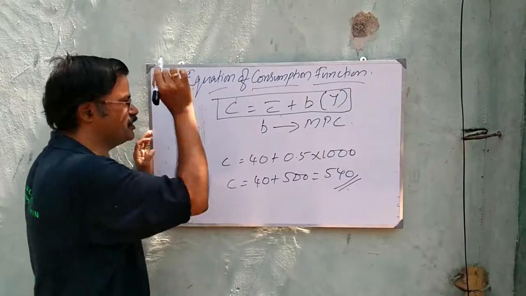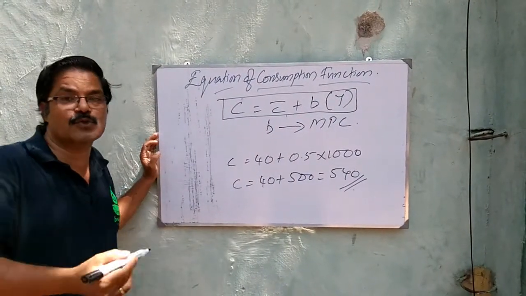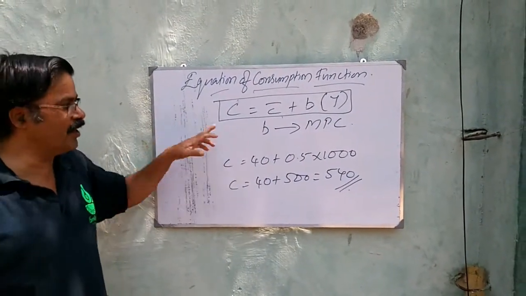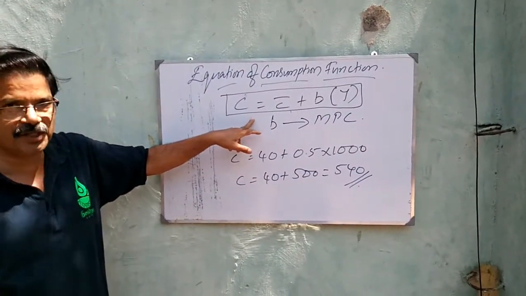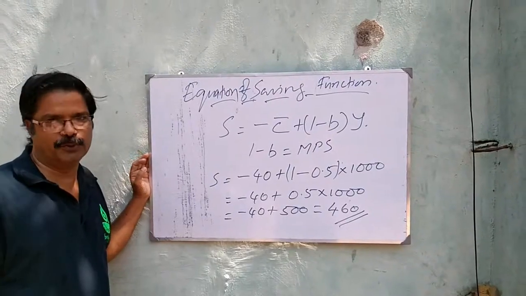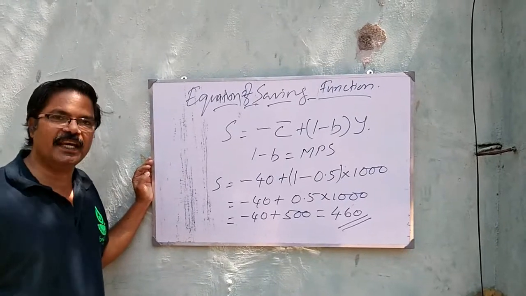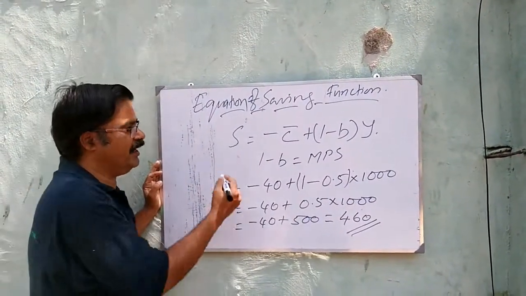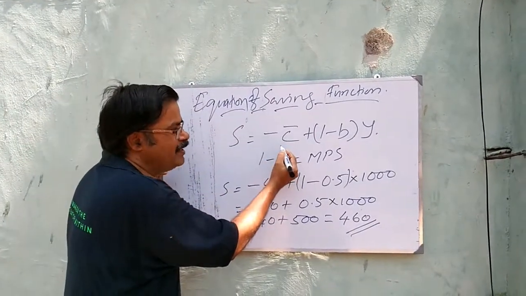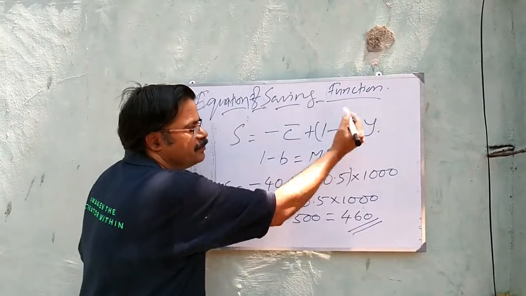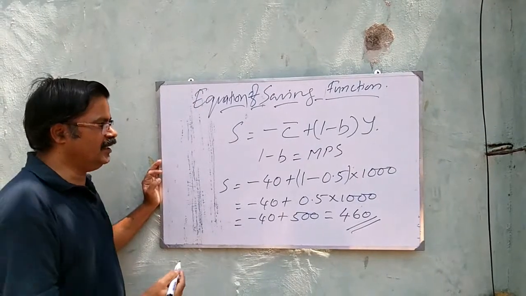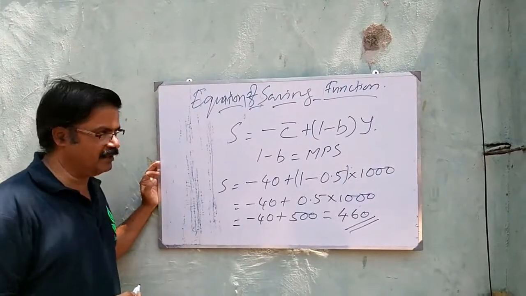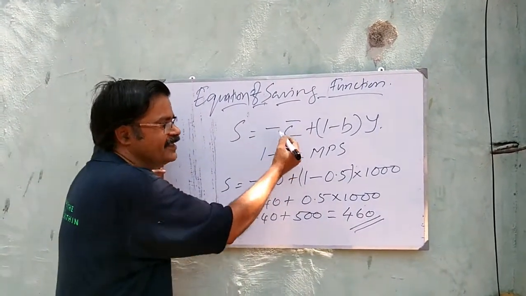You must learn the equation because later to solve the numericals, you will be in need of the equation of consumption function. Let us go on to the equation of saving function. See, equation of saving function can be written as S is equal to minus C bar plus 1 minus B into Y. Here S stands for saving and minus C bar is dissaving.